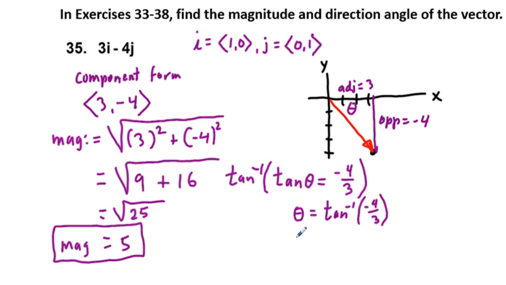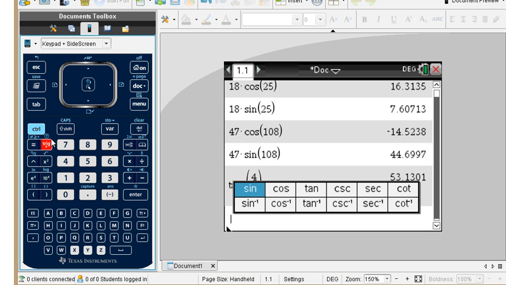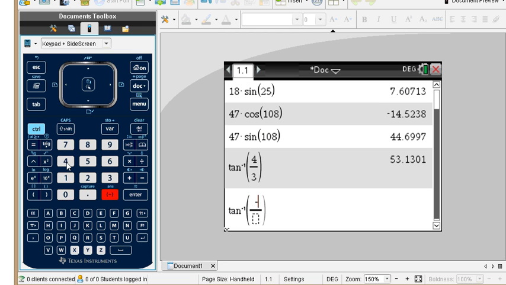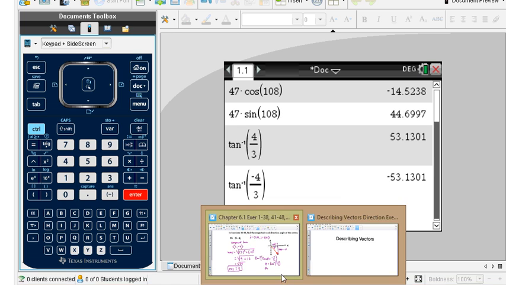Okay, so theta is equal to the inverse tangent of negative 4 over 3, so we get negative 53.13 degrees.